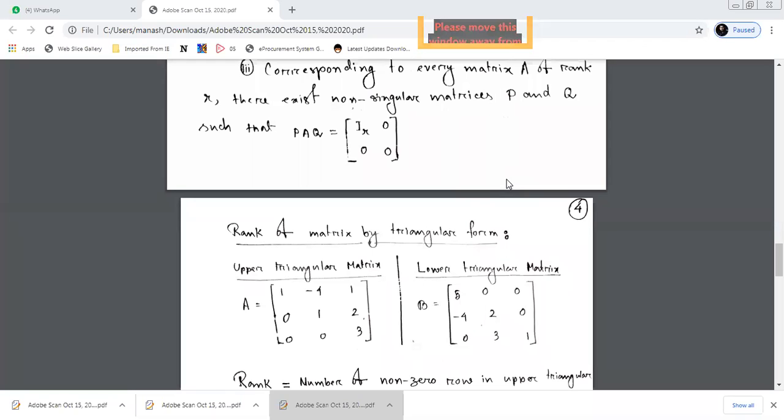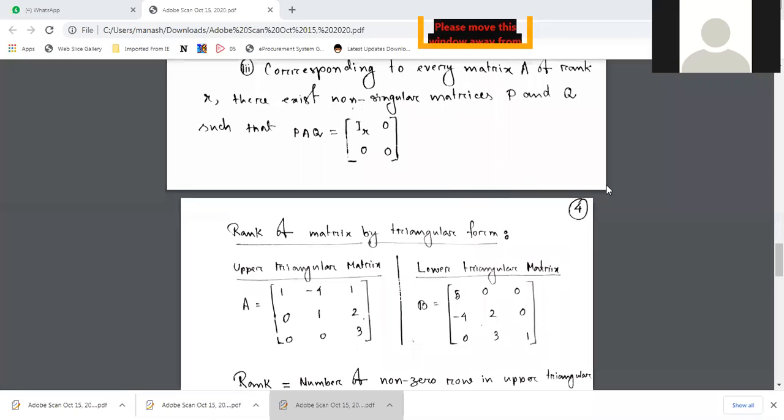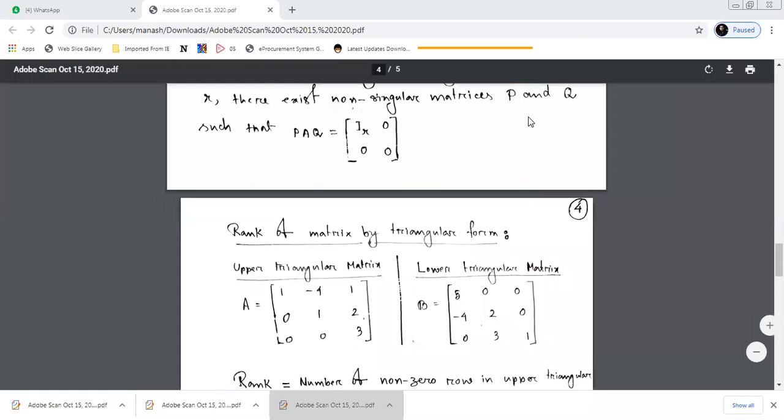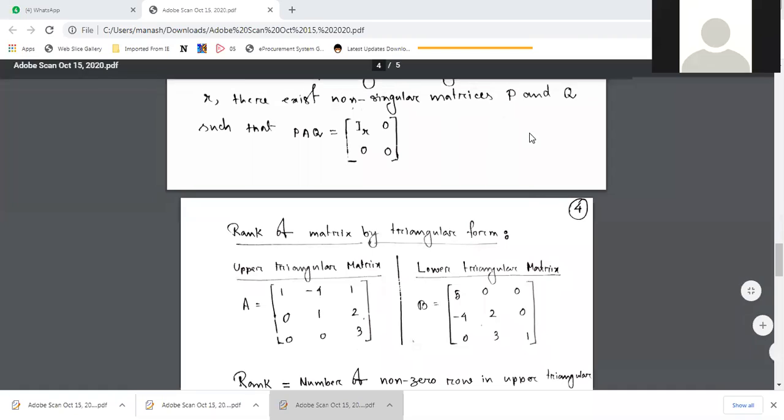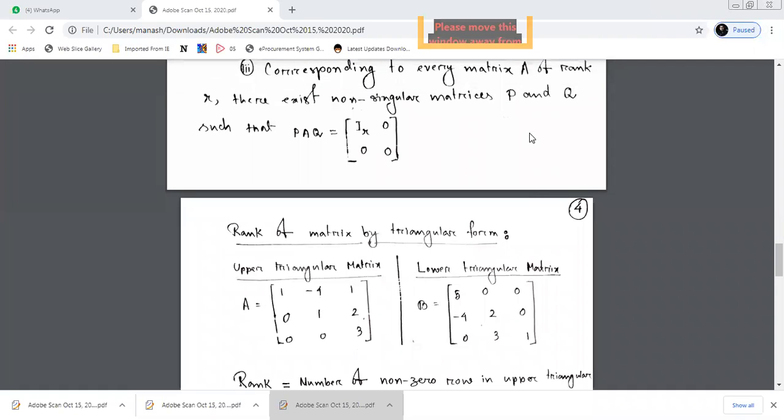If the determinant of a matrix is not equal to 0, then the matrix is called a non-singular matrix. Okay, and the rank of a non-singular matrix is the same as the order of the matrix. Always remember, the rank of a non-singular matrix is the same as the order of the matrix.